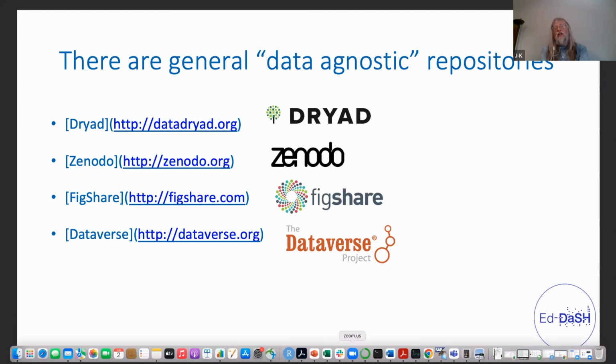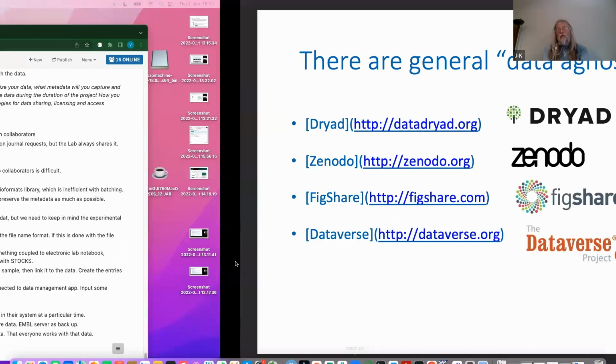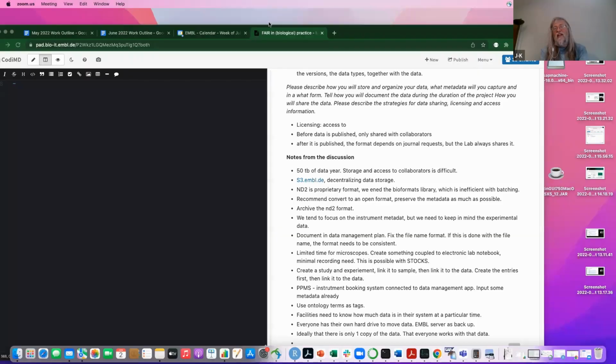So I only recommend them to put data that wouldn't fit anywhere else. But if there is a public data repository for your particular data type, I would just recommend using that first.